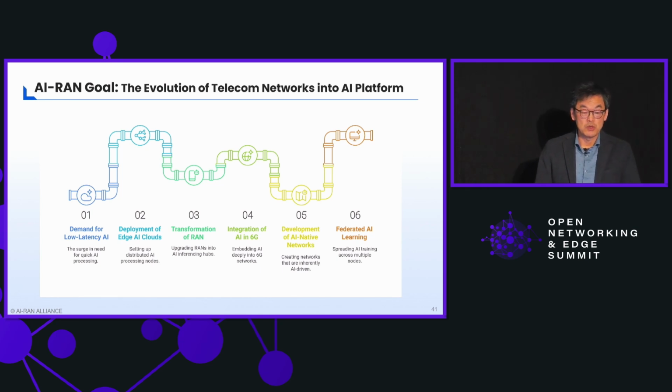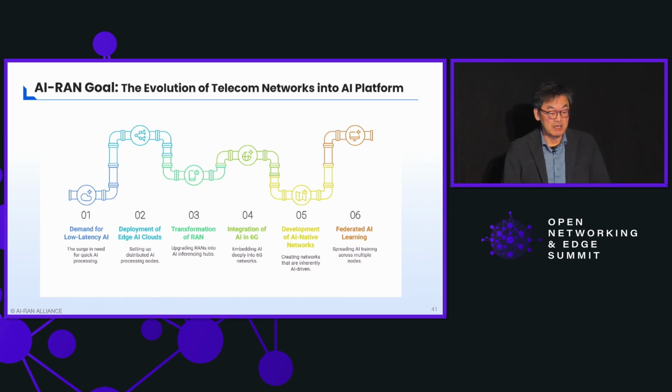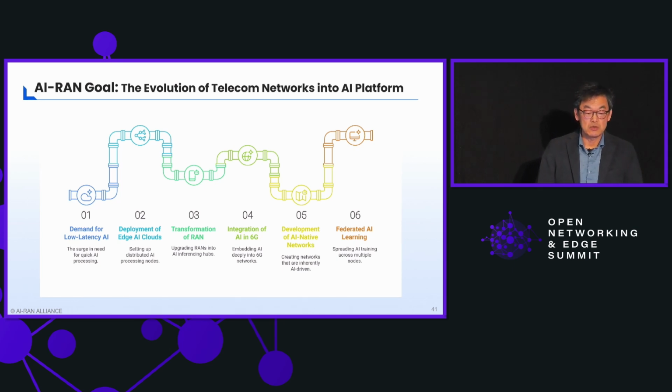In response to this demand, the second phase here is the deployment of edge AI cloud, which involves establishing distributed AI processing nodes. This is followed by a third stage, the transformation of RAN, which means upgrading RAN into an AI inferencing hub, which will bring a new revenue stream to service providers. This leads to the fourth stage, where AI is deeply integrated into more advanced networks, such as 5G advanced or even 6G.